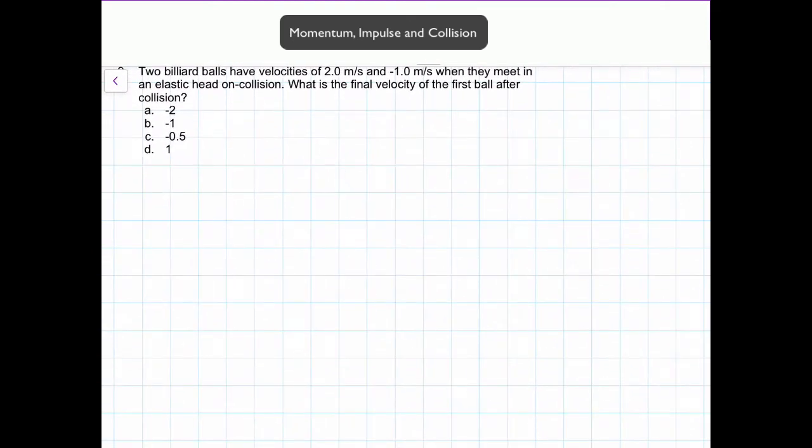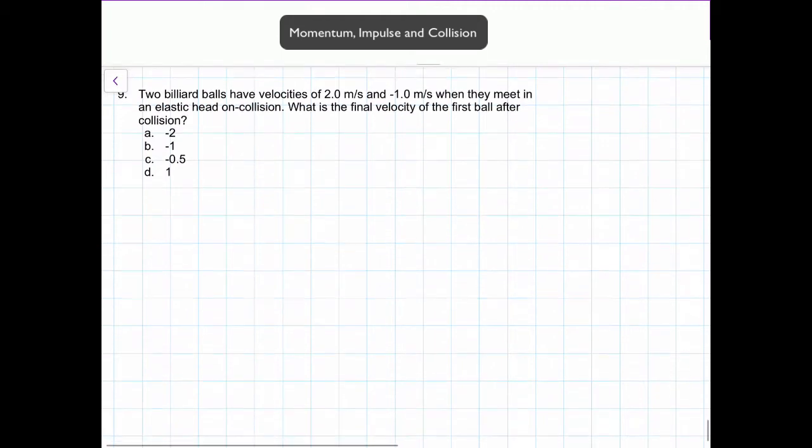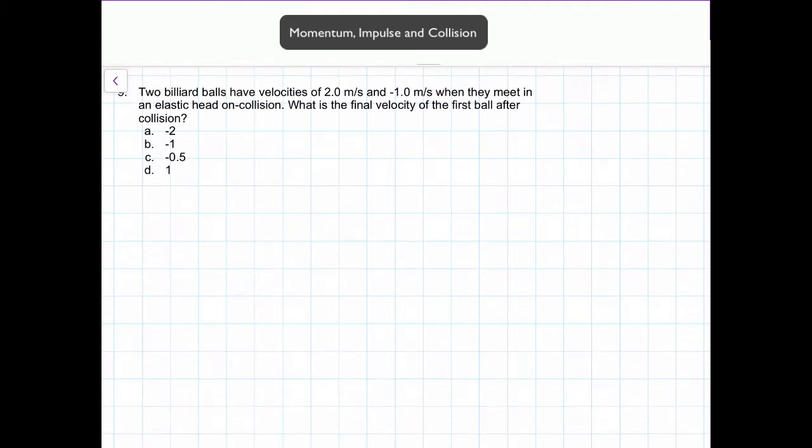So number 9 states two billiard balls with velocity given. Those are your given parameters. Let's say v1 initial, we use the blue. Initial is 2 meters per second, which means it's moving in the positive x direction. Then you have another billiard ball moving in the opposite direction at 1 meter per second.